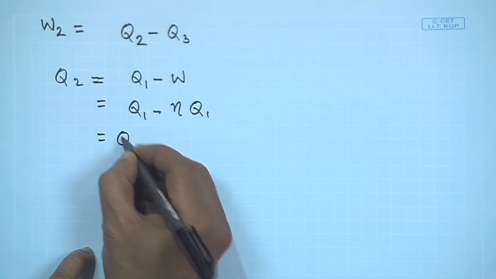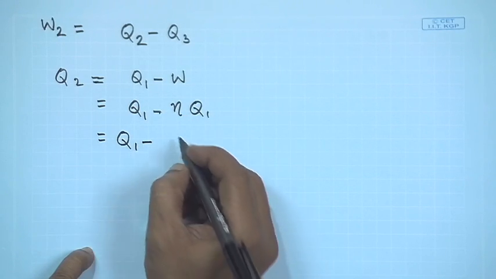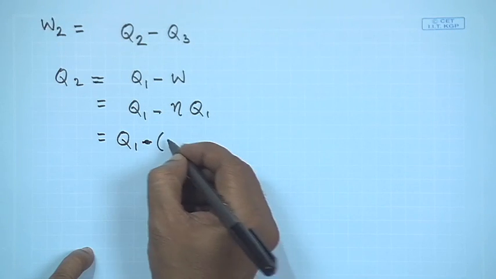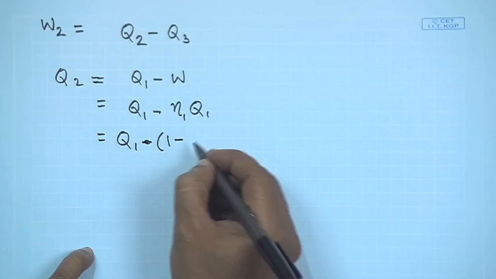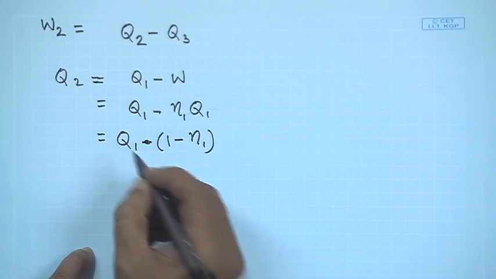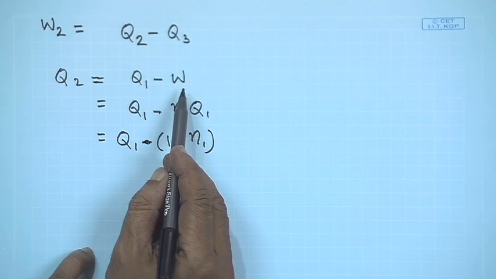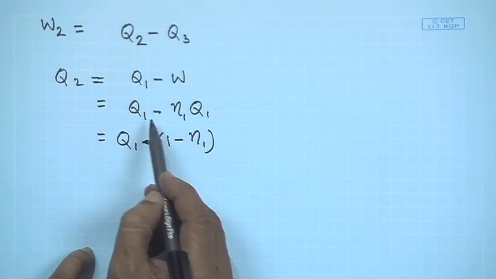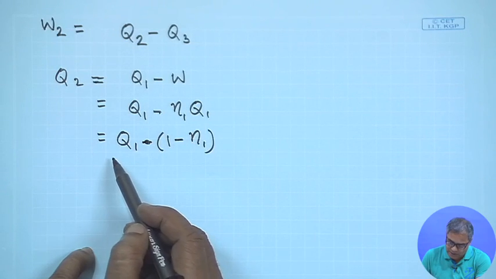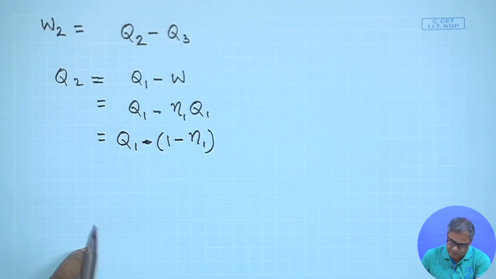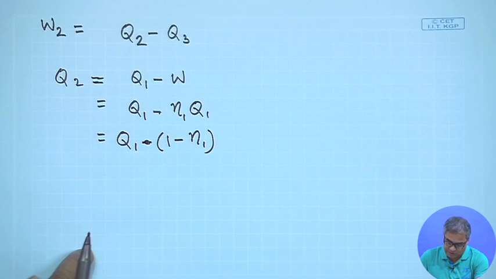So, that is Q1 minus Q1 within bracket 1 minus eta 1. So, Q2 is equal to Q1 minus W, that is Q1 minus eta 1 Q1, and that is Q1 multiplied by 1 minus eta 1.